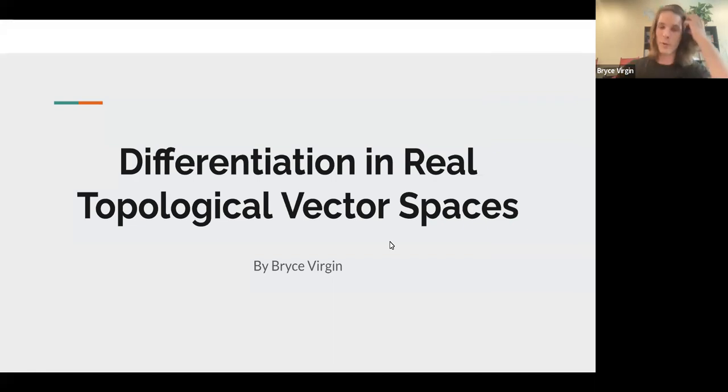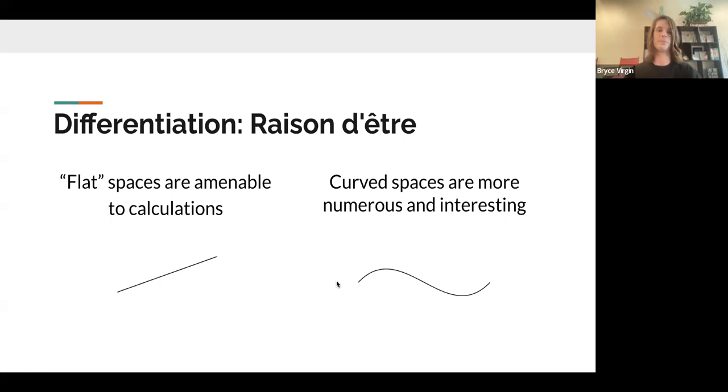Before we dive into deep water, it always makes sense to stretch our legs in the shallows. So let's look at some familiar territory. Why do we differentiate things in the first place? Well, that's because flat things are fantastic. Vector spaces are really easy to do calculations in, perform operations and solve problems.